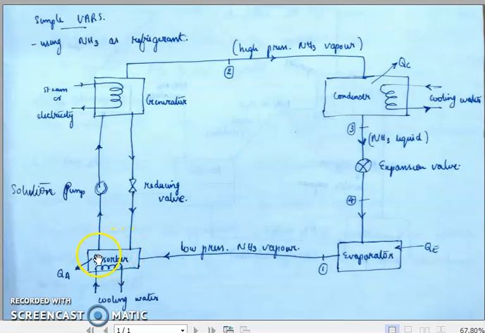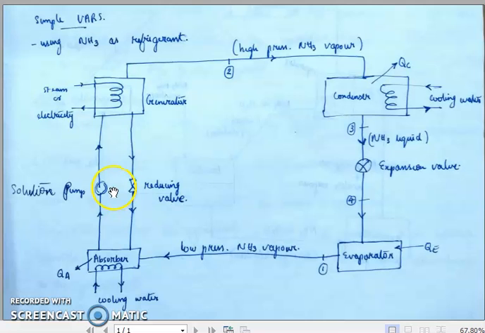Now it is fully rich with ammonia vapor, or the ammonia vapor has actually condensed to get dissolved inside this water. So this water, which is rich in ammonia, will be pumped to a higher elevation, or to another reservoir called the generator, by means of this solution pump.